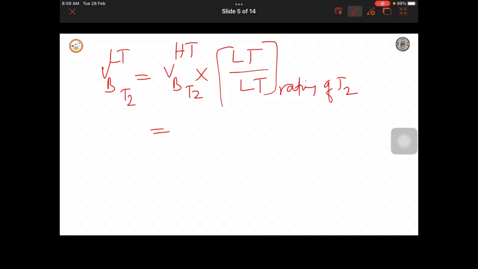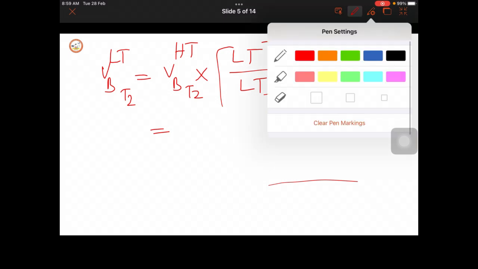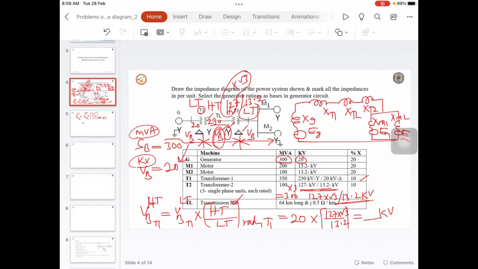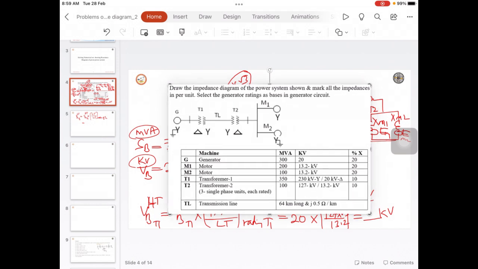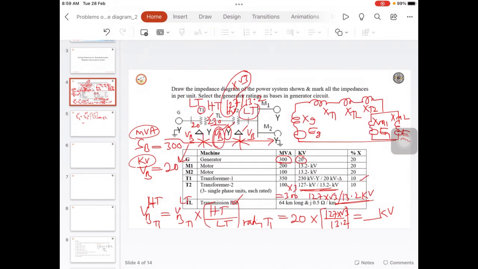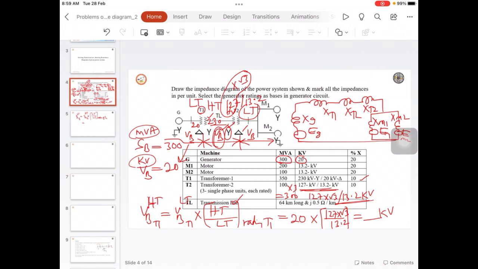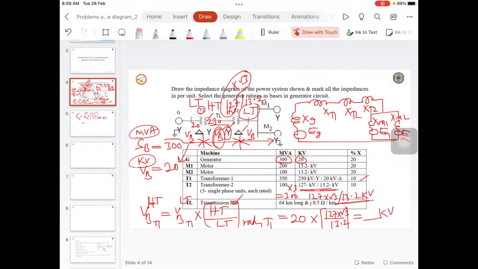If you see the previous slide, it is calculated that the base voltage on the HT side of transformer 1 is this value, let us consider it as V1.